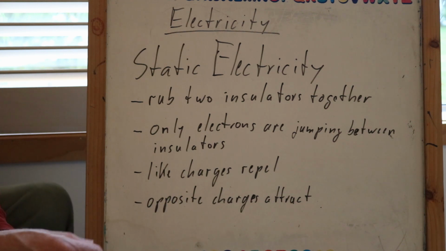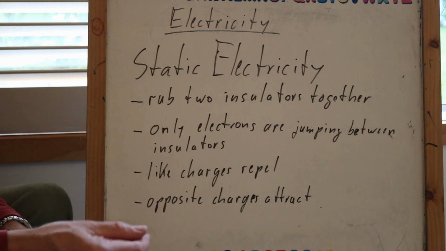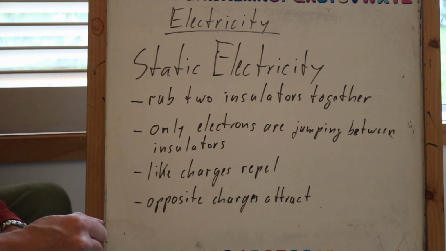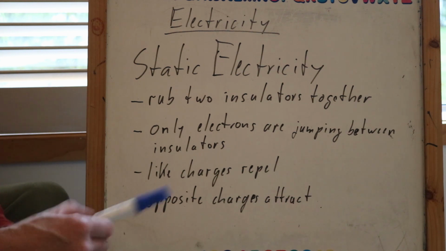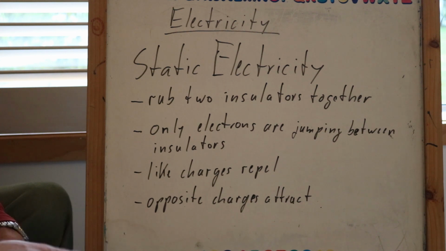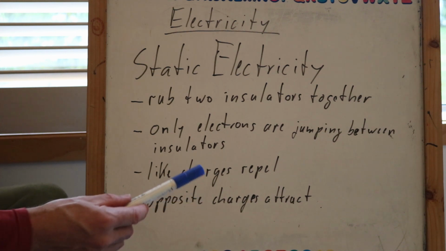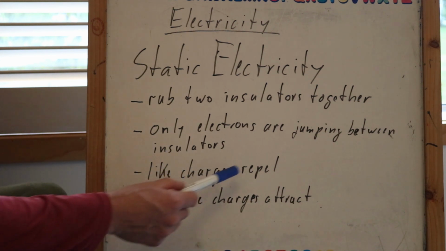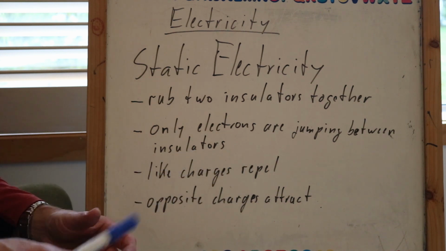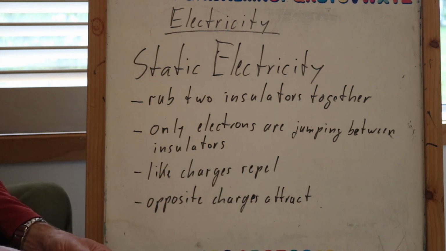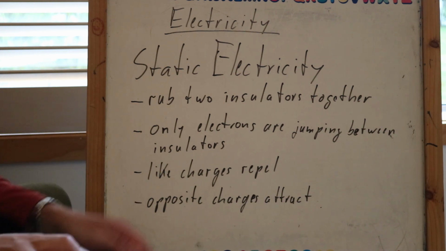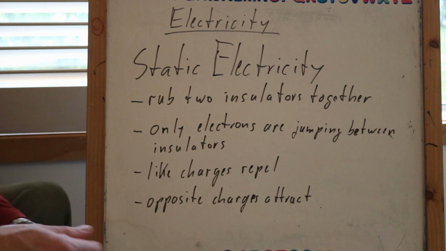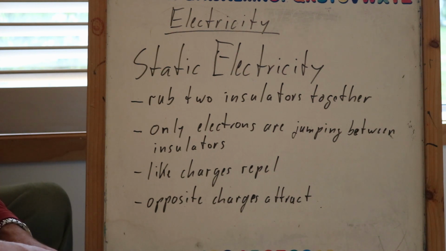So one of the two insulators will gain electrons, the other one will lose electrons. Once that has happened, there'll be forces between the two charged objects. Like charges will repel. Two objects that have the same charge will repel. Opposite charges will attract. So they'll stick together, like my hair and the balloon did before. So those are the key messages.